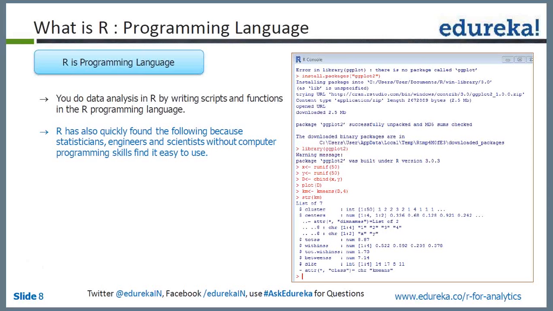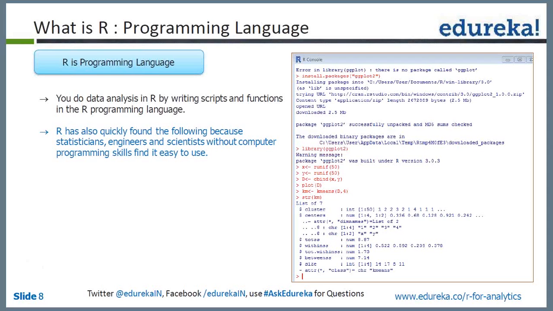It is supported by an active community of users and developers, so you've got a very big community following for R. Most of the problems you might face while using R, if you just go to the community, you have the answer most of the time. This is gaining popularity because there is a lot of advancement in analytics, and R is one of the leaders in this space.